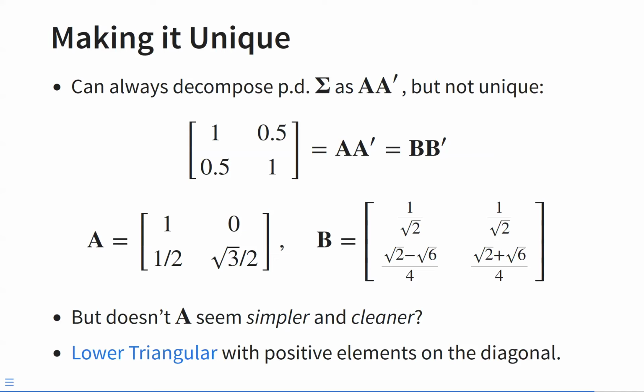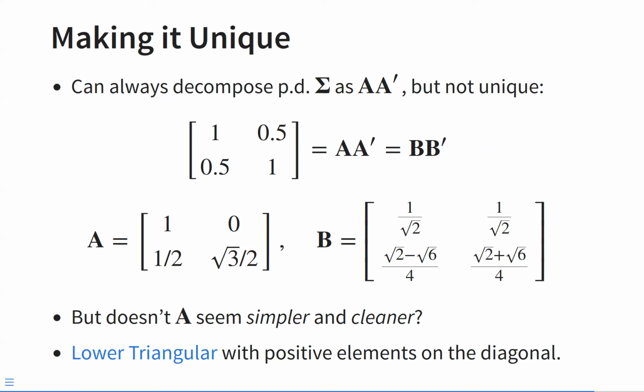We can always decompose a positive definite sigma into A A transpose. So we can find an A that does the trick. But actually, that A is not in general going to be unique. So here are two matrices, A and B, and each of them satisfies the decomposition.